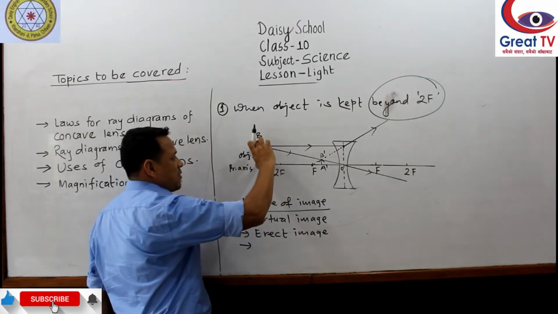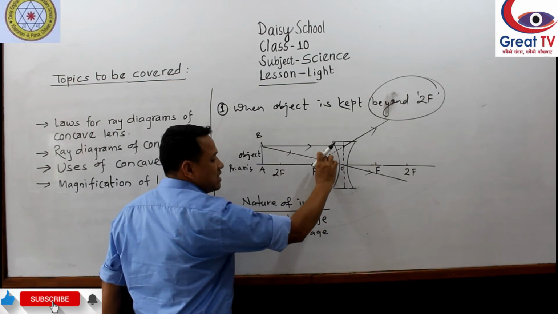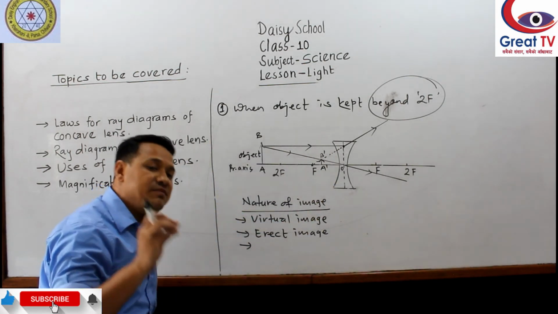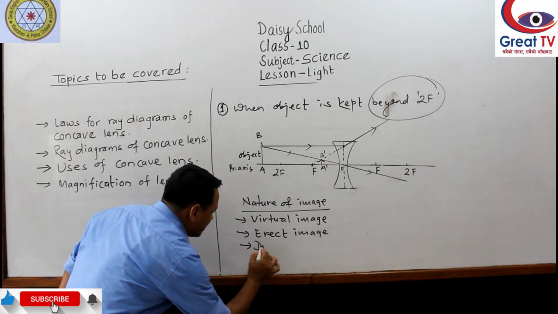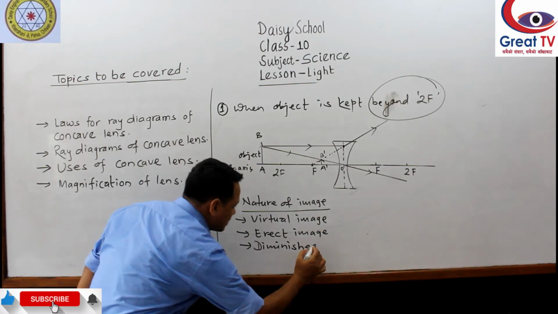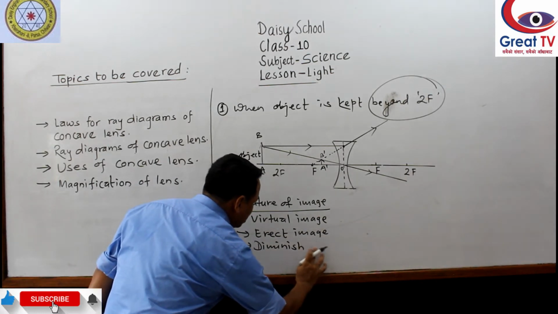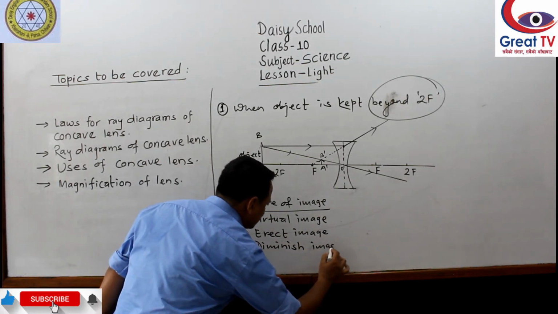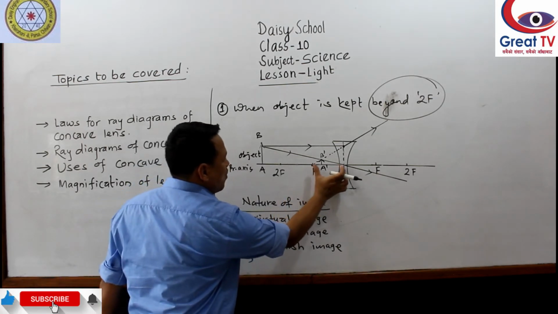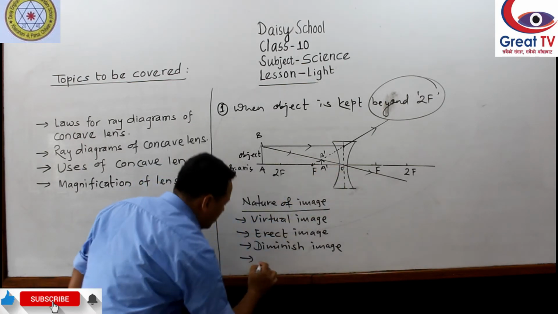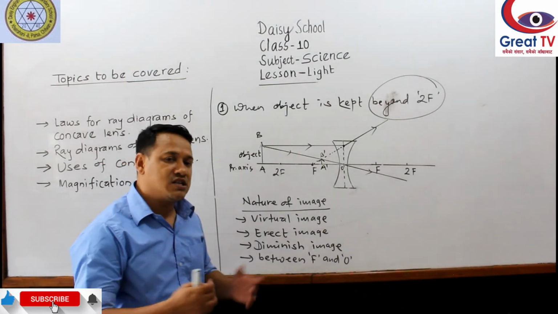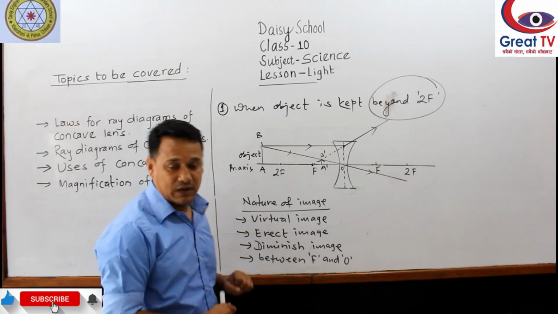Size: this is the size of the object, this is the size of the image. So is the image small or big? Small. That means diminished image. At what position? Between F and O. Always comes between F and O. That's why you can draw a single ray diagram of concave lens.